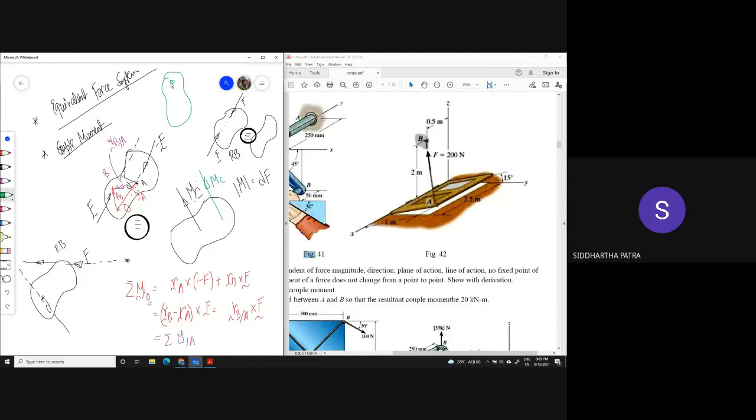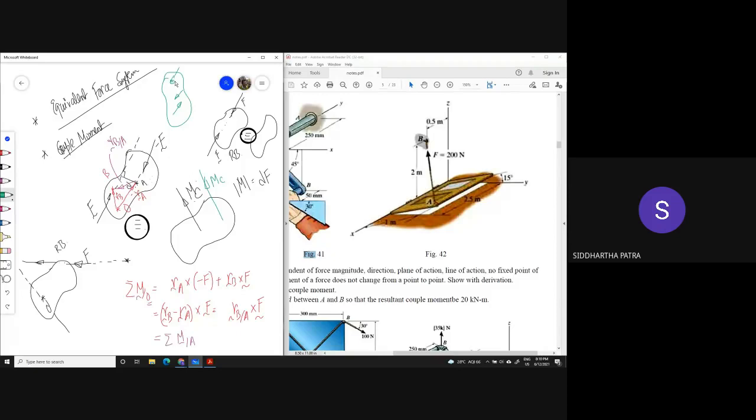Let's say there is a wall behind it, and I simply made it into a compound pendulum, so I have put a pivot right there. So it is only allowed to rotate about this axis. Then if I apply a couple, this object can perform rotation about the axis of the pivot.